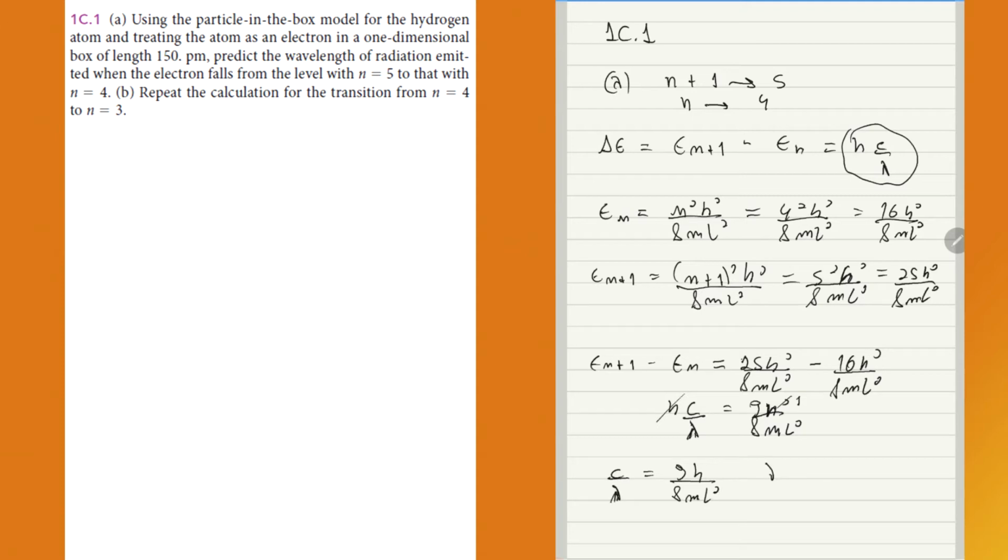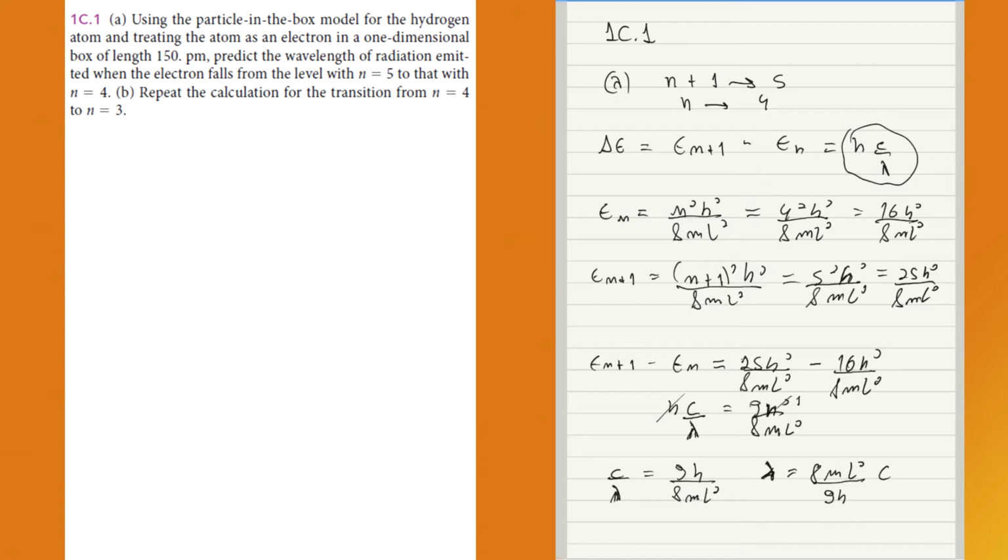And lambda, that we want to know, rearranging this, we get 8 m L squared over 9 h times c.